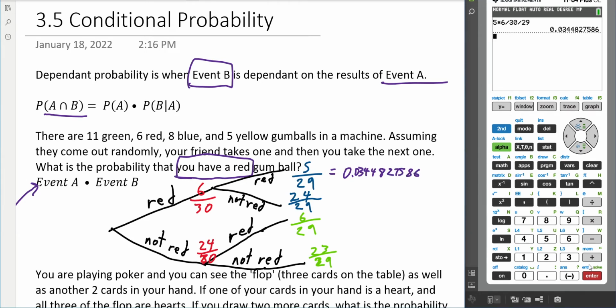0.034482758. You can probably just ignore the rest of that. 4 numbers is probably plenty. Let's go to the next one, which is very similar, except that instead of 5, it's 24.